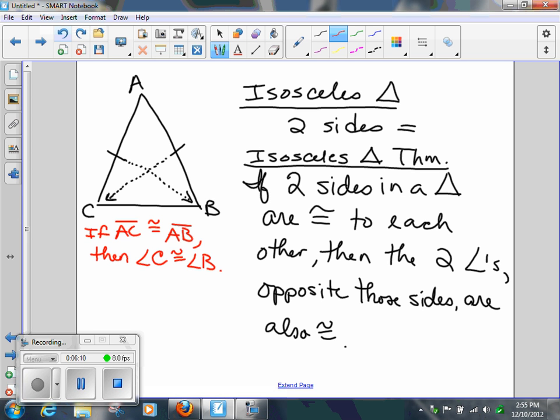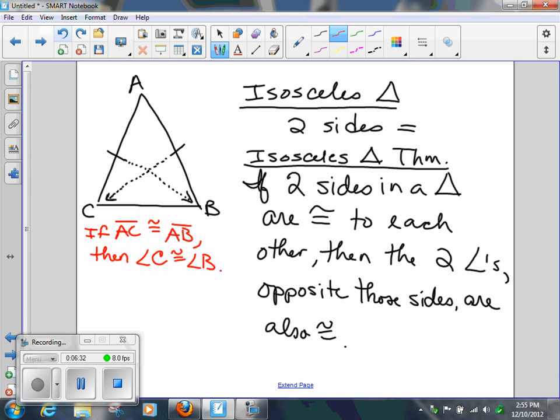The theorem never makes any sense to me until I apply it to a picture. I have to attach it to a picture and then look at it, and I go, oh, okay. So if those two sides are congruent, then those two opposite angles are congruent. Does that make sense?